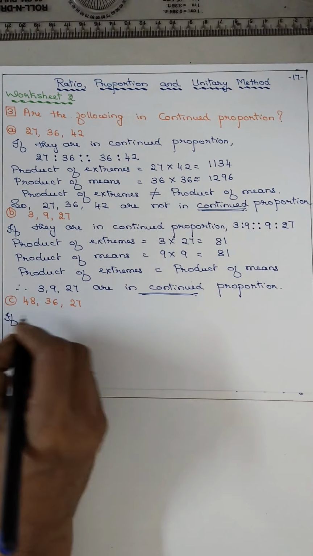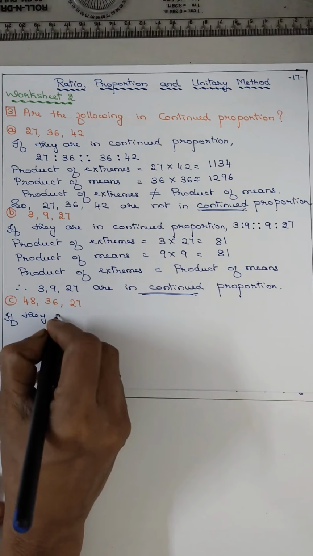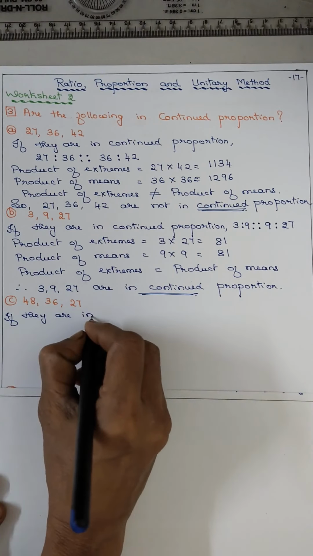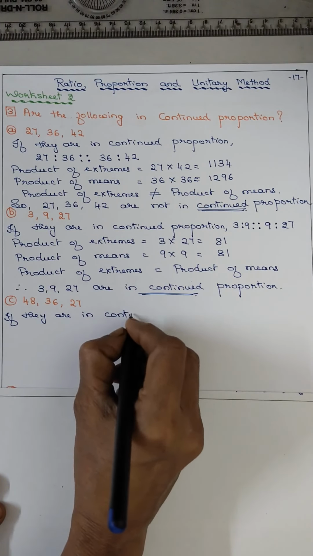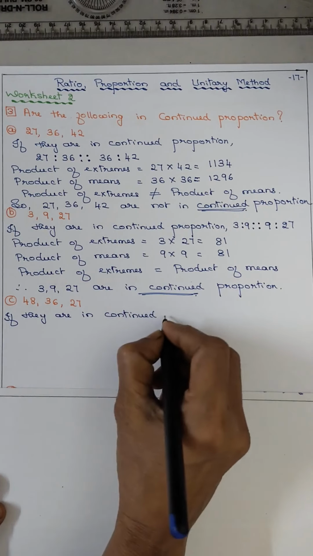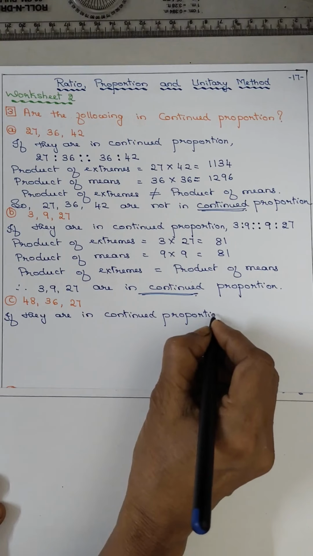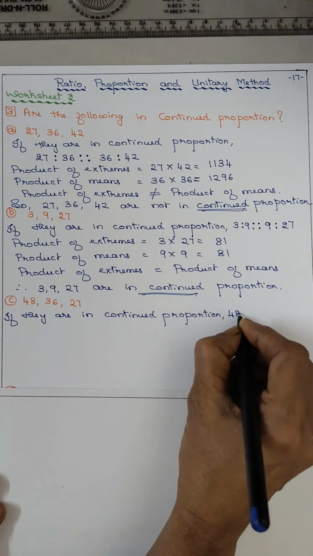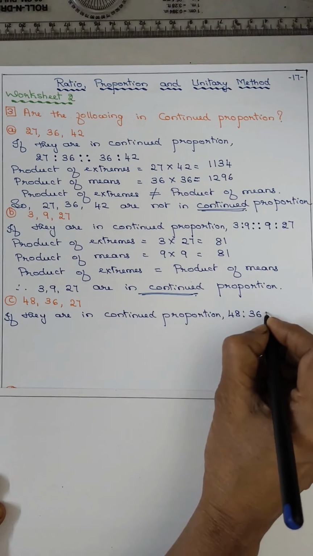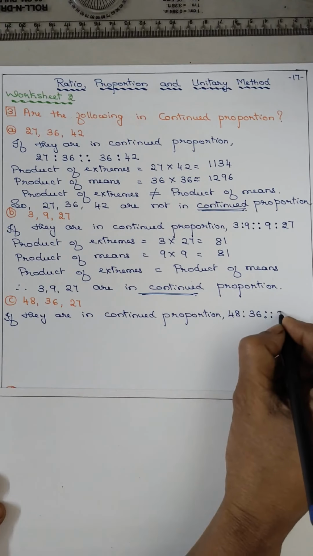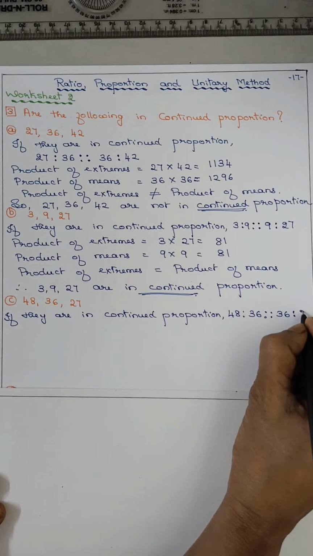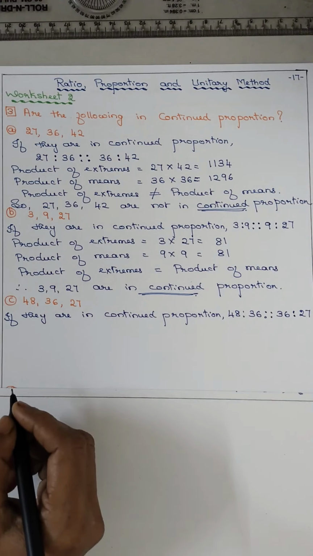Now if they are in continued proportion, 48 is to 36 is in proportion with 36 is to 27.